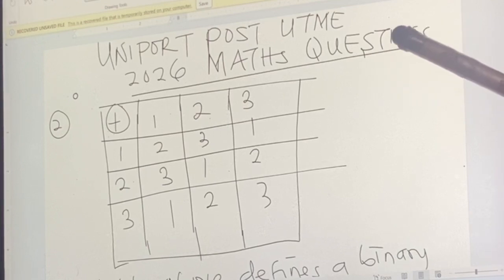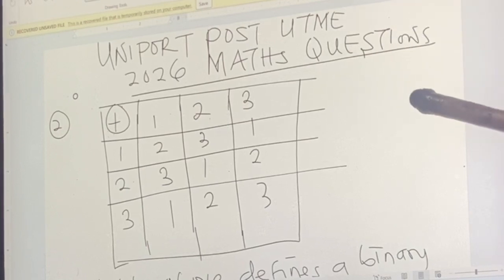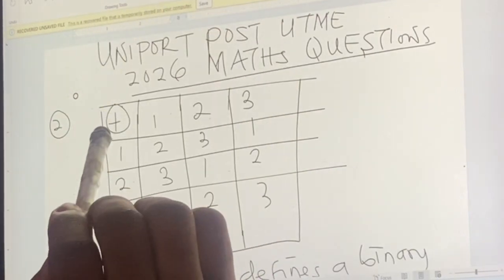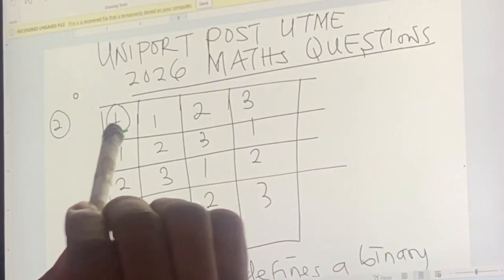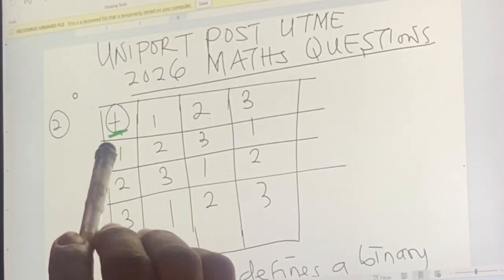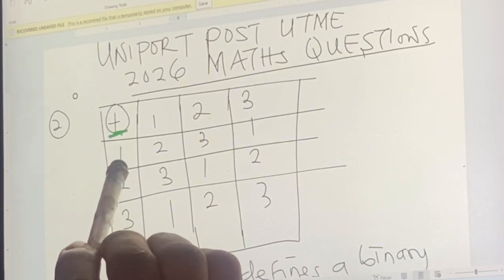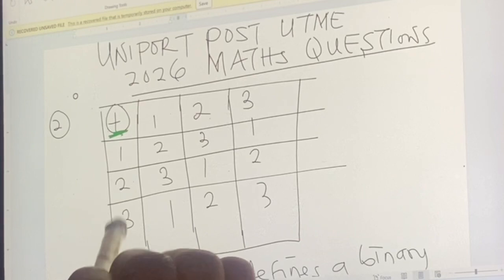It's very simple here. The first step is to identify the operator. This is the operator here. Now what are the numbers below the operator? The numbers are 1, 2, 3.